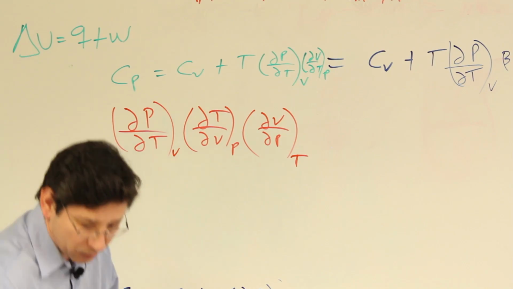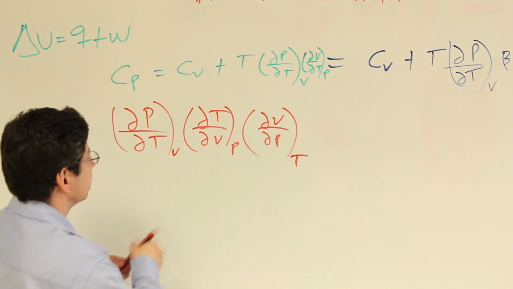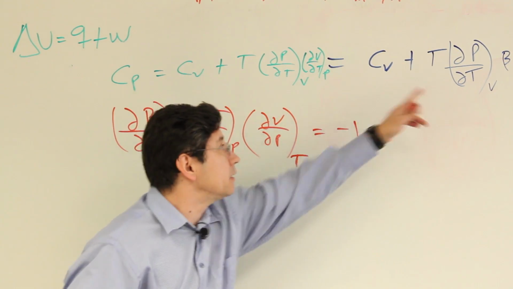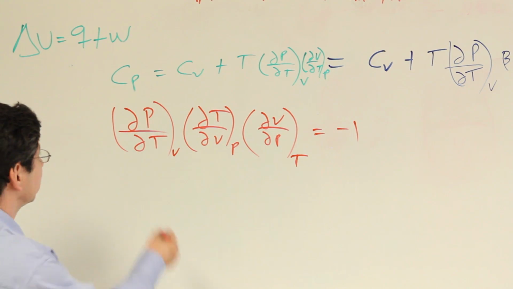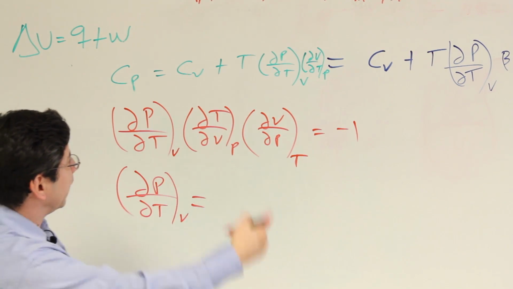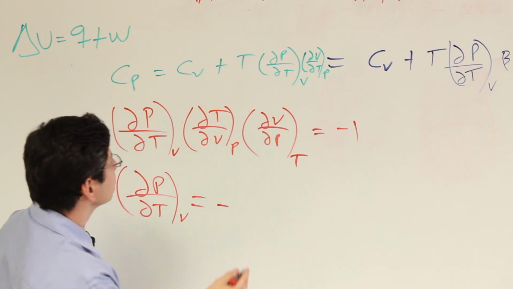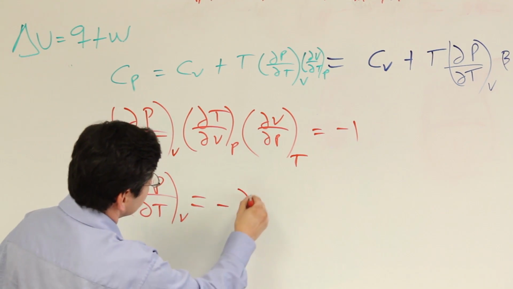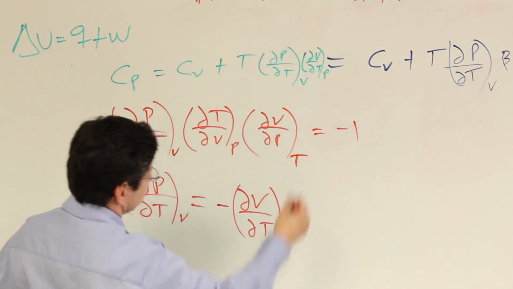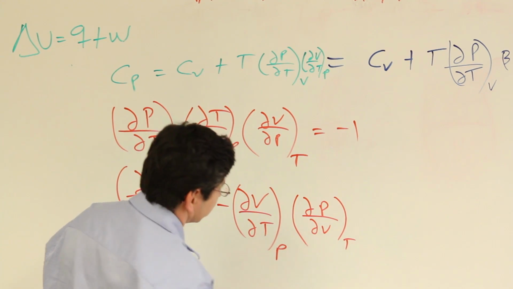Think about it. Well, it's equal to minus 1. I'm interested in dP/dT, so I solve for it. dP/dT at constant volume is going to be minus, so move these two terms to the other side. It's going to be equal to dV/dT at constant pressure, and then dP/dV at constant temperature.